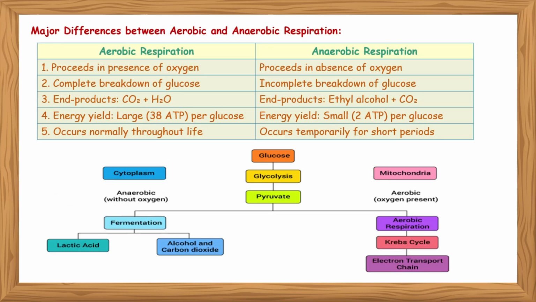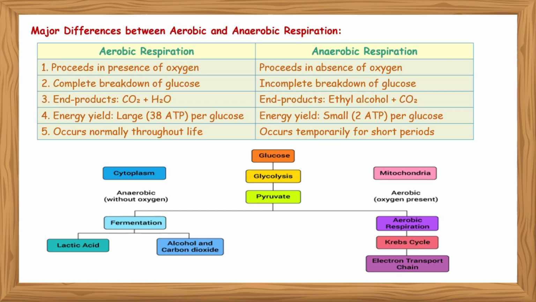Major differences between aerobic and anaerobic respiration: aerobic respiration proceeds in the presence of oxygen, and anaerobic respiration proceeds in the absence of oxygen. Aerobic respiration includes complete breakdown of glucose, but anaerobic respiration includes incomplete breakdown of glucose.